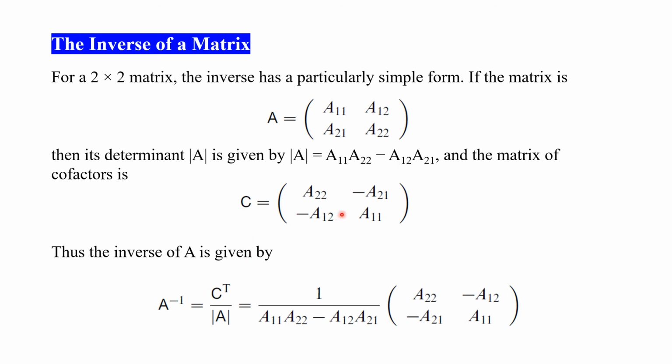Thus, the inverse of A is given by the transpose of your cofactor matrix divided by the determinant of A, which is equal to 1 over A11 A22 minus A12 A21, times the transpose of your cofactor matrix, that is your A22, negative A12, negative A21, and A11.